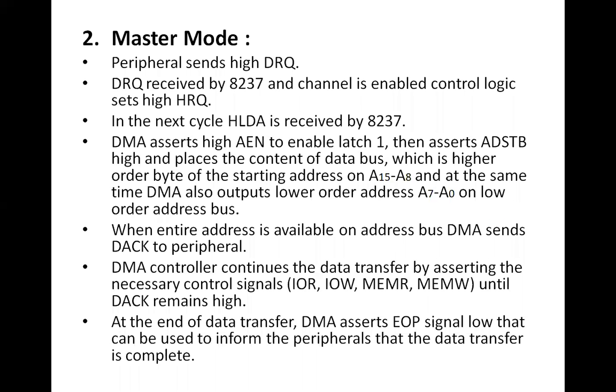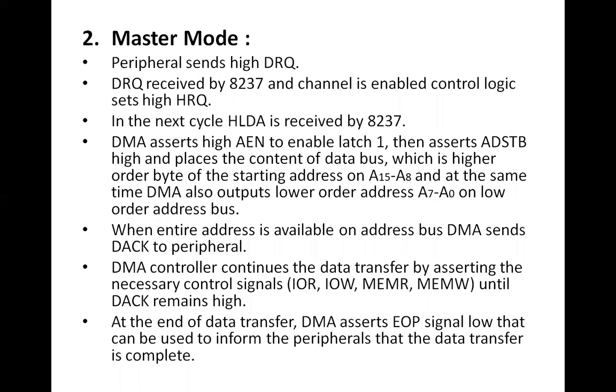This is the process in which the 8237 works. Now, after receiving the hold acknowledge signal from the microprocessor, the DMA starts its operation. The first operation it does is to assert the address enable signal high.